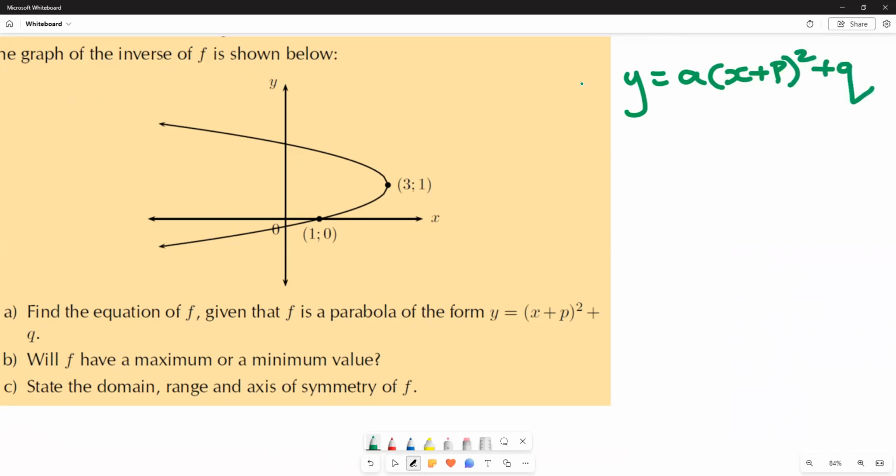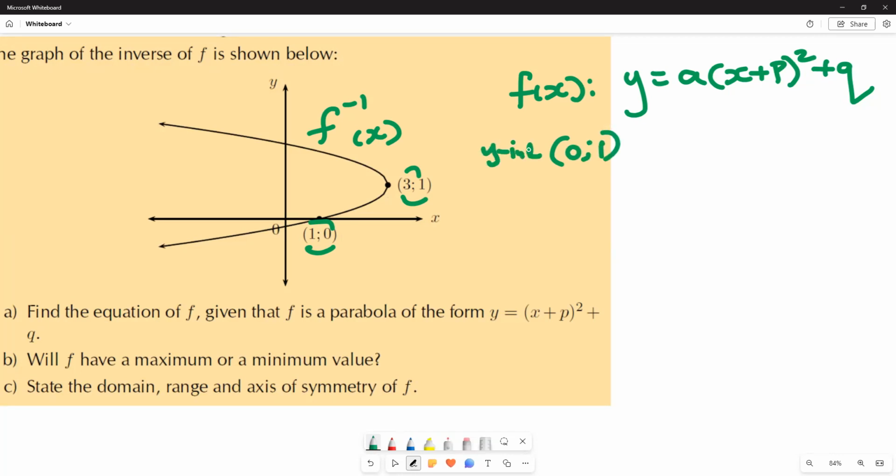And then we can see, now we're doing basically f of x. Remember, they said this is the inverse of f of x. So the points are going to flip around when I take them to f of x. The first point is going to be 0 and 1. You can see that that is your y-intercept now because the x value is 0, right? The turning point of the function is just the flipped turning point of that one, which is 1 and 3.